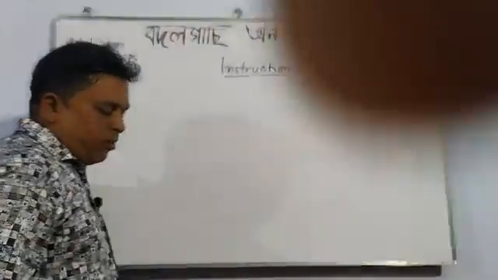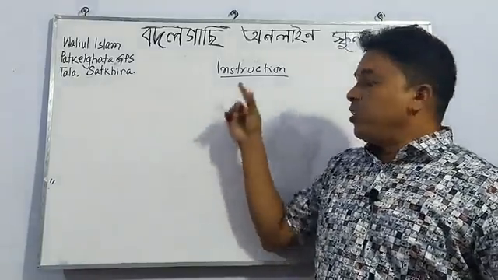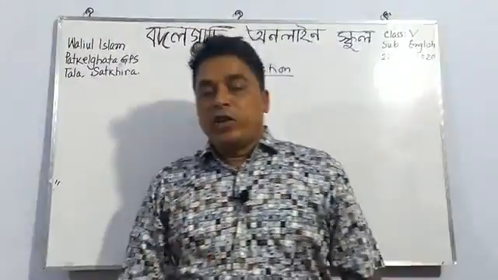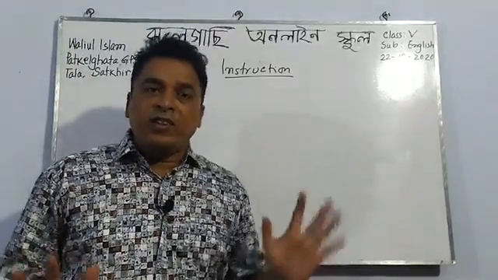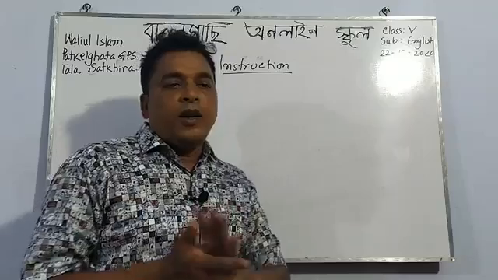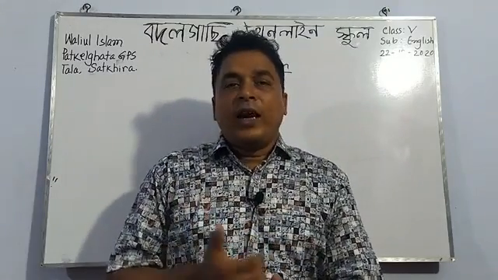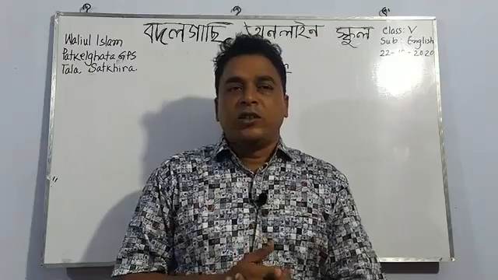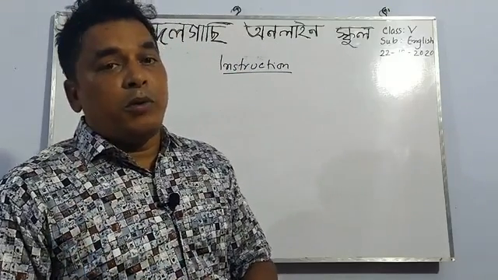We see this instruction in question number 10. In the instruction type of question, first an instruction or suggestion is given, that means some clue. Below we see three questions also given there, and you have to answer or solve them.